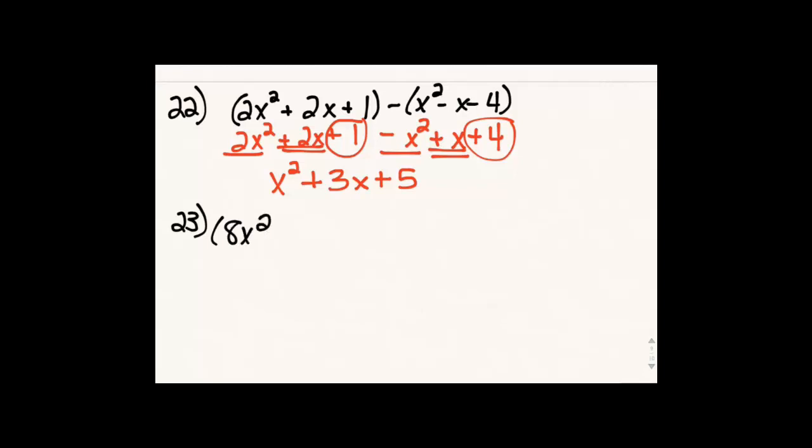Now number 23, we have 8x squared minus 4x plus 1 minus 10x squared plus 4. Again, because it's minus in between, we have to distribute that minus sign. So we get minus 10x squared minus 4. And the first one we just write down the way it's written.